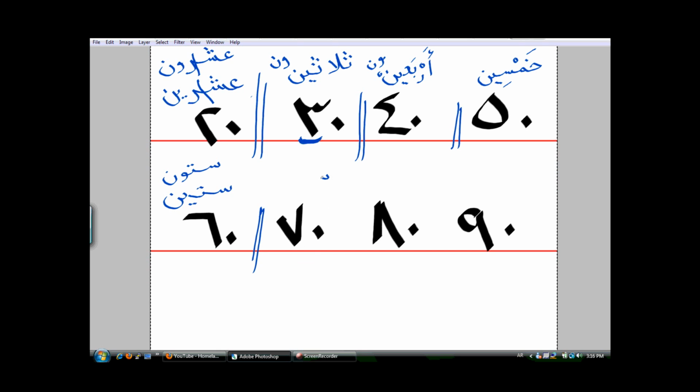This number is سبعة, if you remember. Sometimes you can read it as سبعة. So it's سبعين or سبعون. This number is ثمانين or ثمانون.